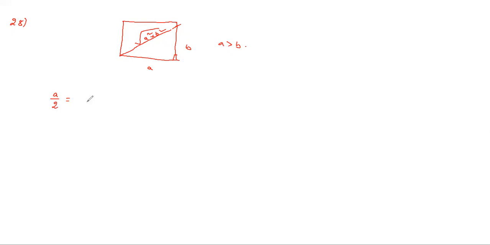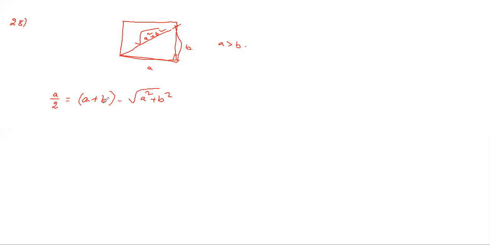The total is A plus B: if the boy walks along the length and breadth, this is the distance A plus B. Diagonal is root A square plus B square. So the difference saved is A by 2, half of the longer side. This is the given condition, so from this we have to find the ratio.